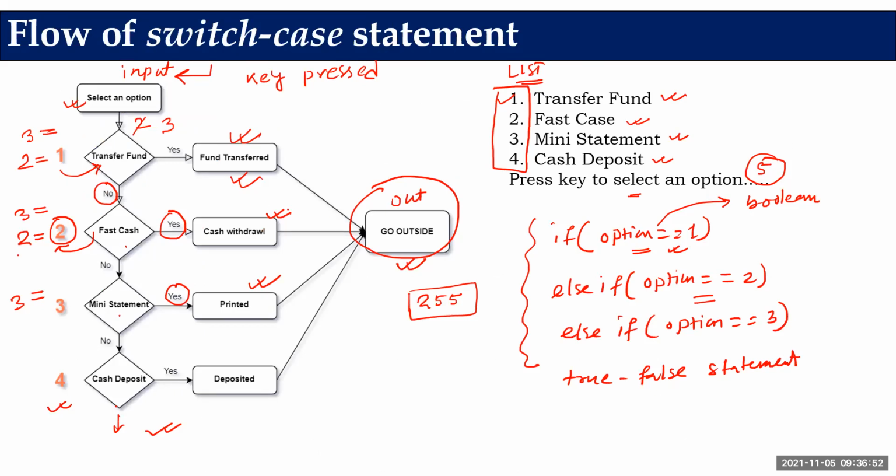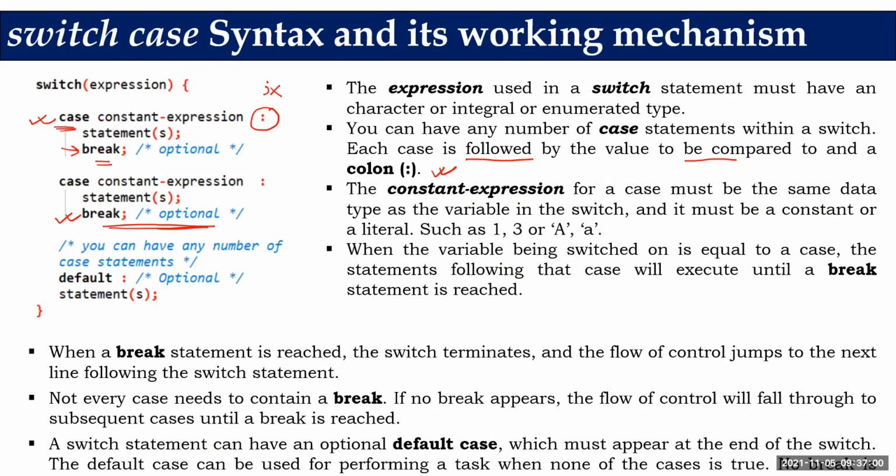Else it will come again: you withdraw the amount, it gives the option again, or I'm selecting the mini statement, everything is going to be executed. I do not want to execute everything. Once that particular case is executed, I want to go outside of the switch case. So as of now, consider this break. Later I'll tell you when it is required and when it is not.